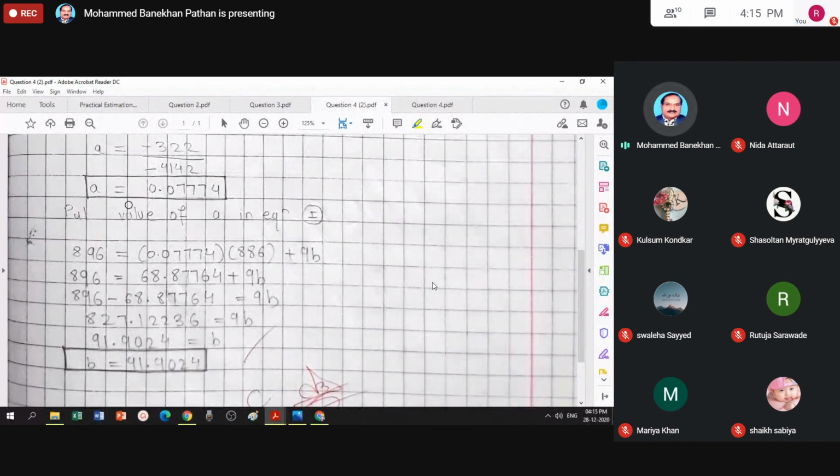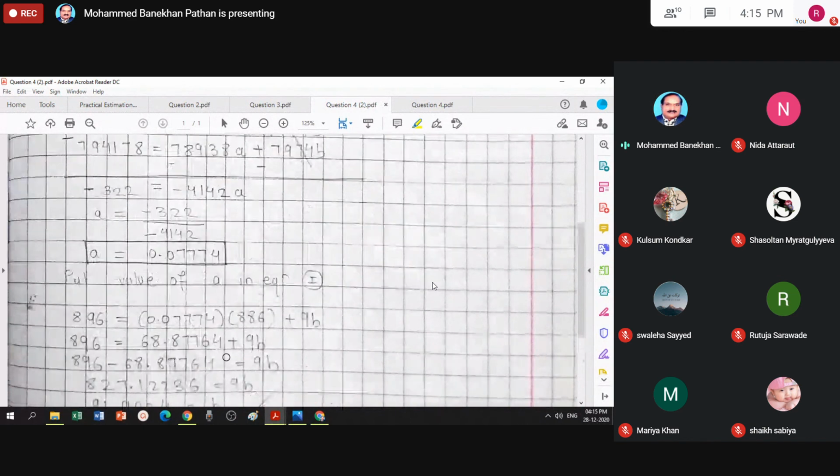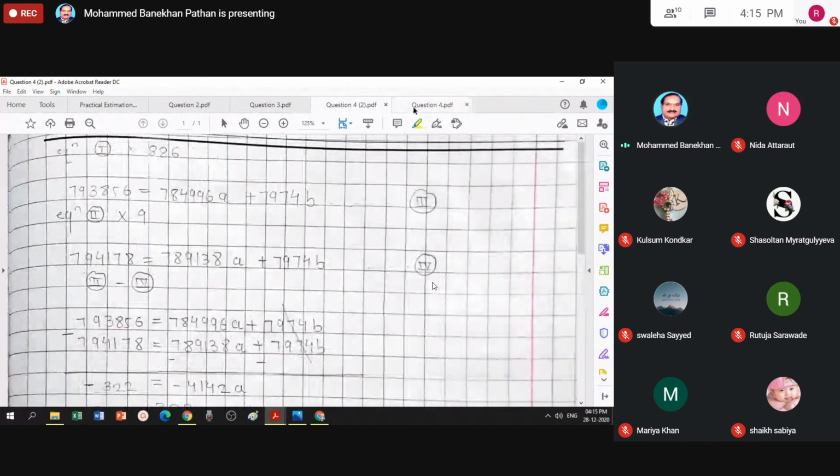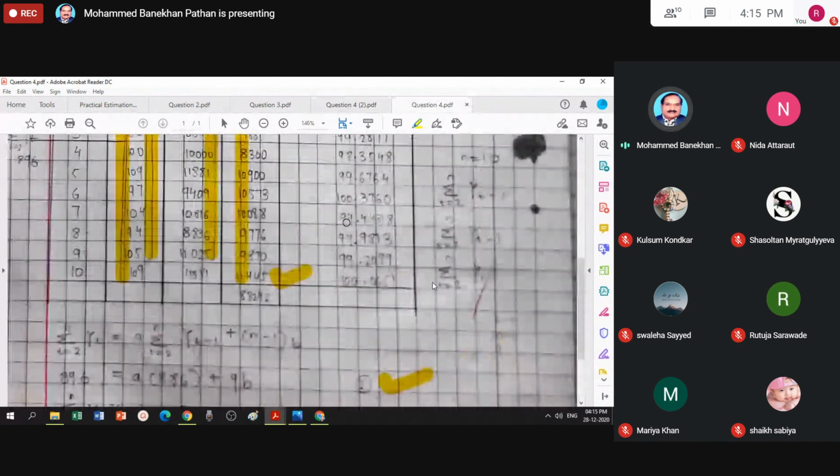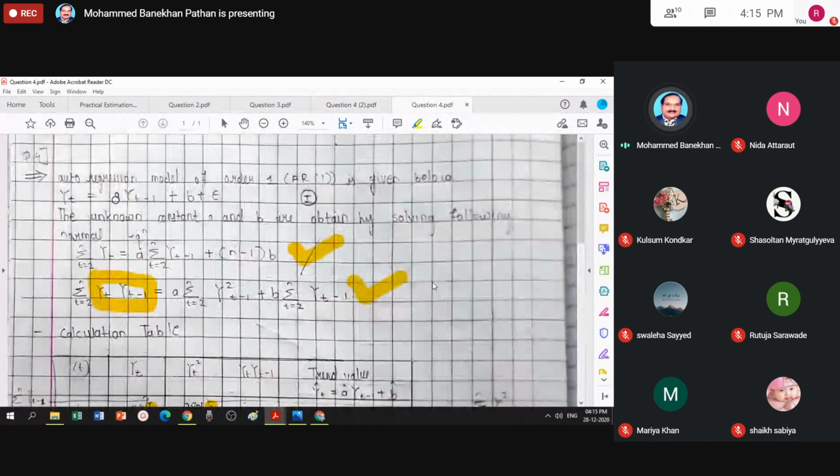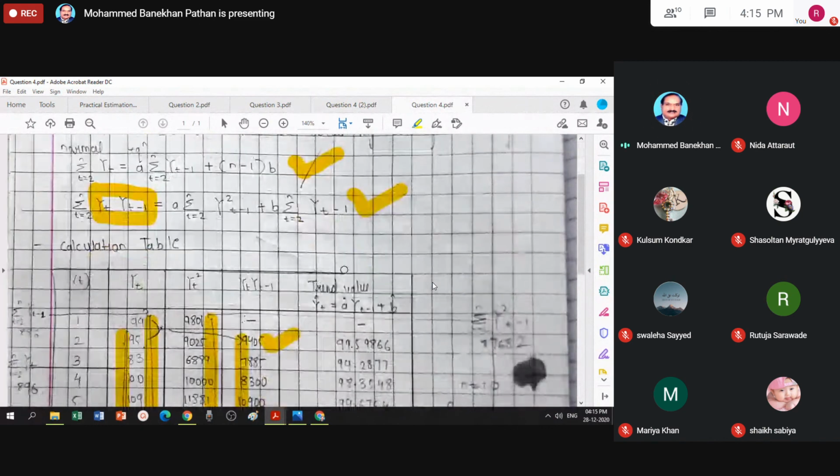Now after having a, b with you, put that value in the original equation at this point. And now you are using this equation to get the trend values. So this is the equation. Now this is used to get the value of trend.